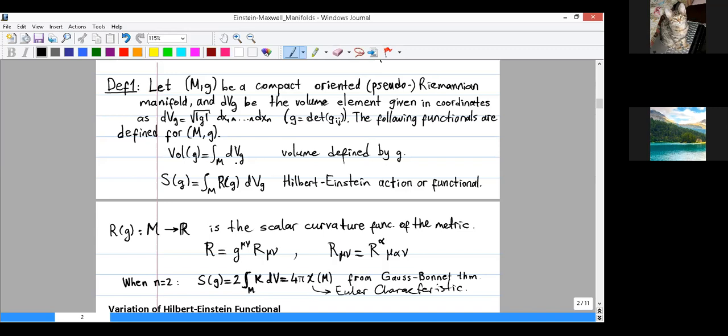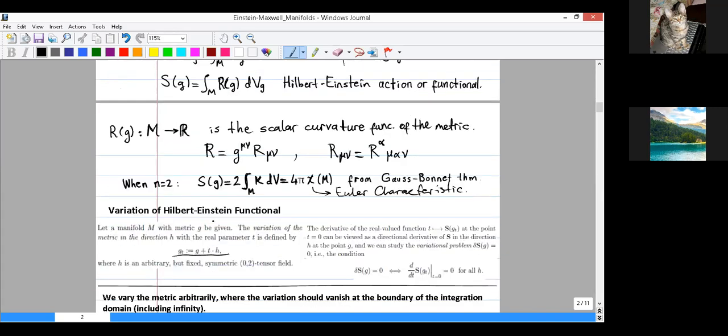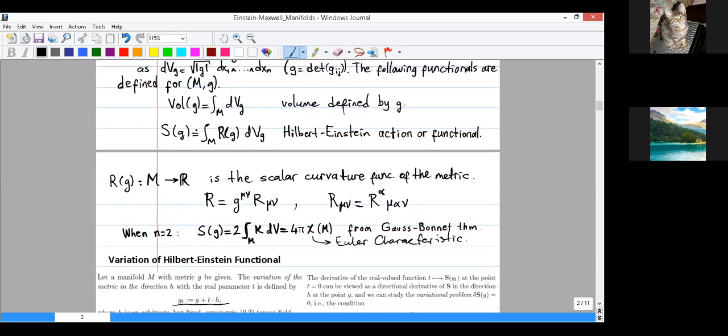The volume defined by G is given by this equation, and the Hilbert-Einstein action or functional is given by this integral equation. R is the scalar curvature function of the metric. It is defined from the manifold to the reals. And as we said, this is also called the total scalar curvature of the manifold.